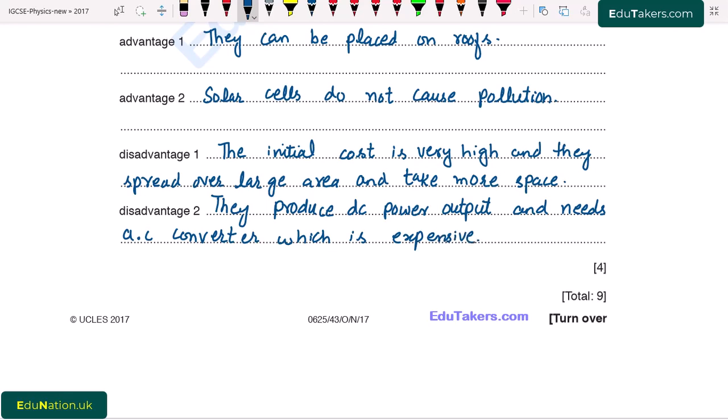So these are the advantages and disadvantages of using the solar cell to generate electricity.